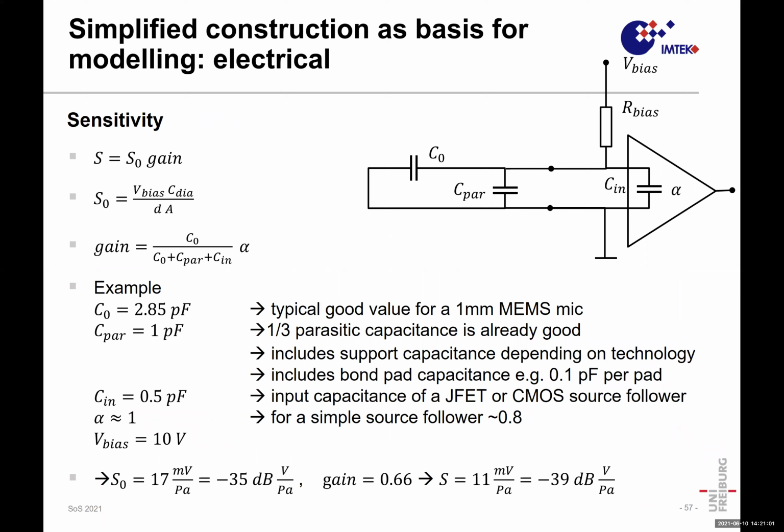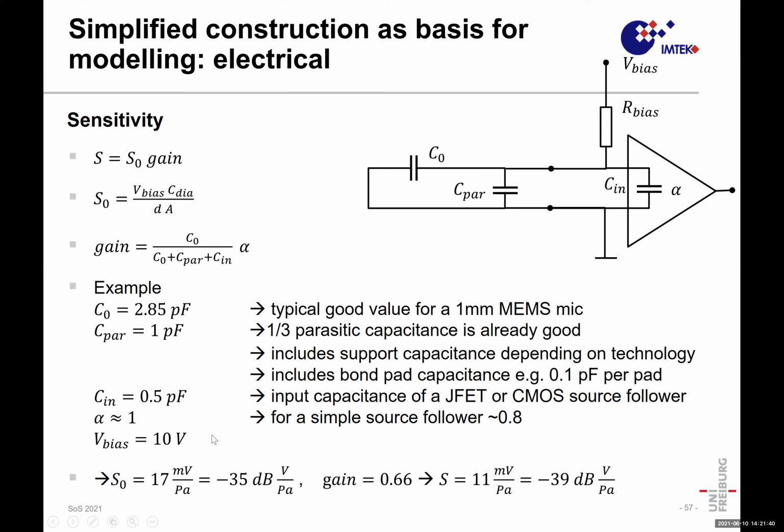Okay, just a simple check on parasitic capacitances. Then we have our sensitivity. The gain is, of course, the division of the active capacitance by the total capacitance, which is the gain of my electrical system, times the amplifier gain. So you see here, it is dividing down by the parasitics. If you have a good microphone, maybe it has some 3 picofarads active capacitance, and maybe some 1 picofarad of parasitics with some input capacitance.